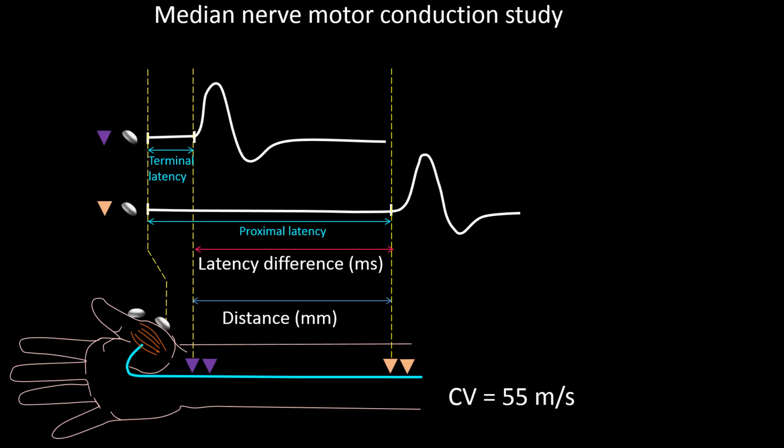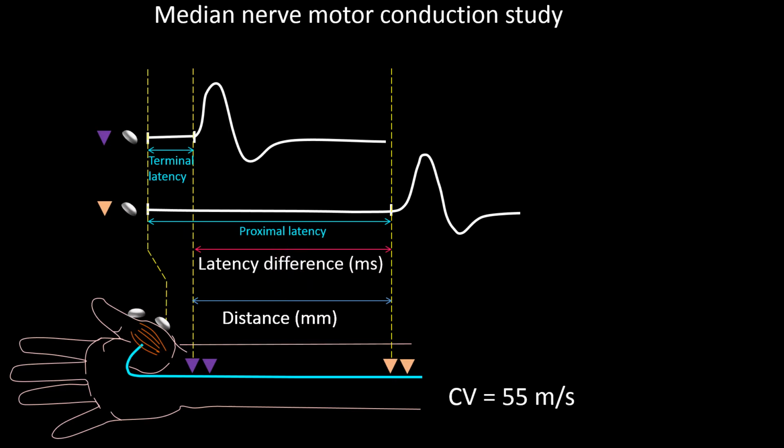Conduction velocity is a calculated value using three factors. That is, the factors that I have just listed. I will go ahead and name them again. First, terminal latency. Second, proximal latency. And third, distance between cathode use for determination of both latencies.